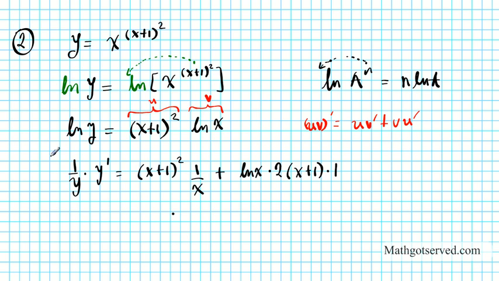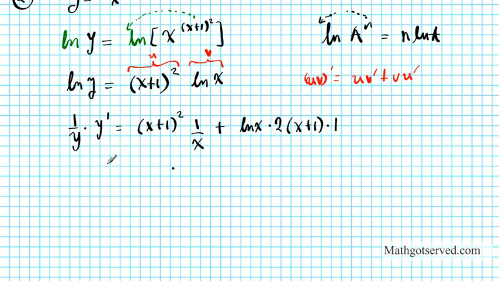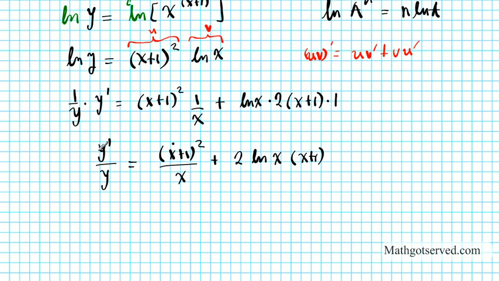Now let's rewrite it in a condensed fashion. y prime over y equals the quantity x plus 1 squared over x plus 2 times the natural logarithm of x times x plus 1.